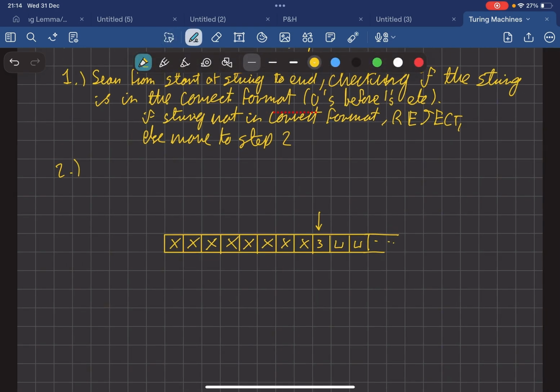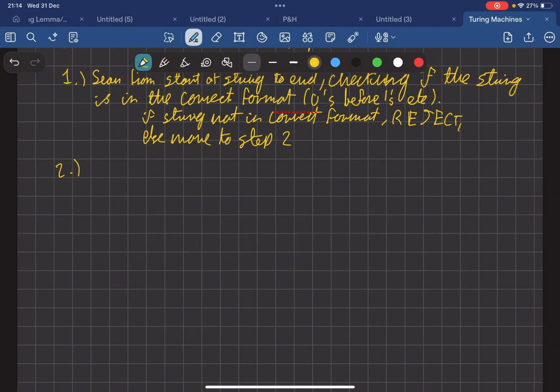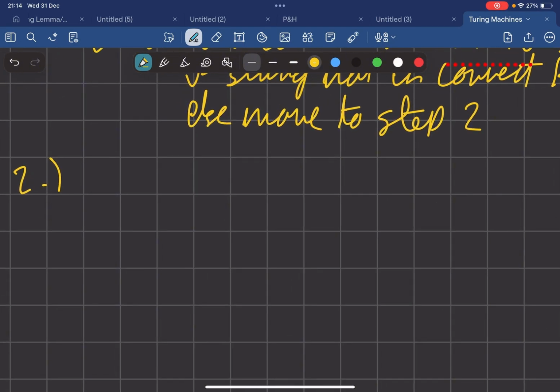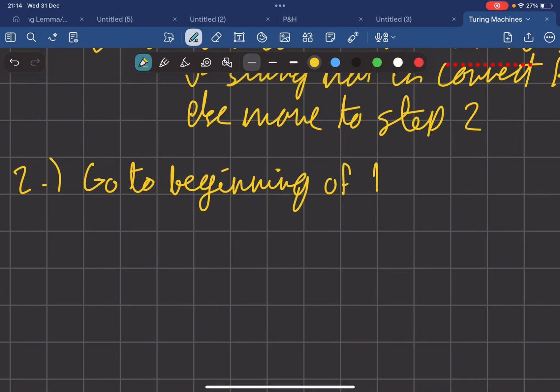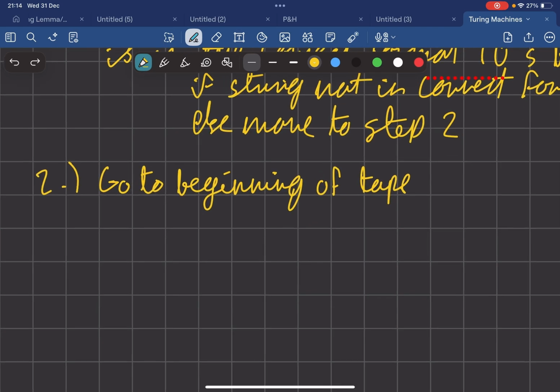So that's a high-level idea of what the procedure would look like, but we just need to write it down. We'll say that we start from the beginning of the tape. So go to the beginning of tape. I guess that'll be step 2. Step 3 will be to, we can keep it in the same step actually.